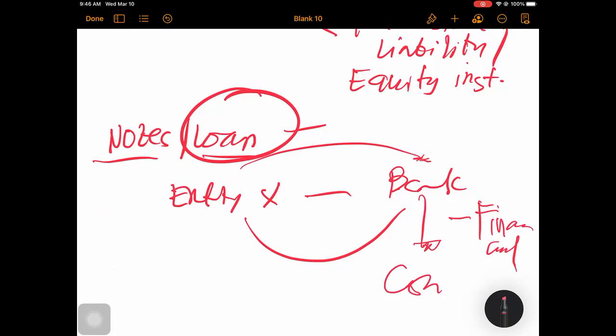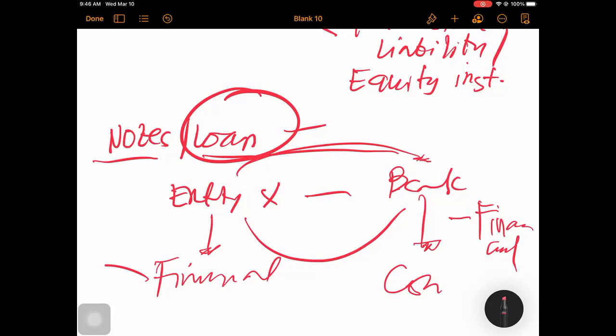On the part of entity X, there is a financial liability, because entity X has the contractual obligation to pay a sum of money to the bank. So therefore, there is a liability on the part of entity X and there's a financial asset on the part of the bank that granted the loan, because the bank has the right to receive cash from entity X.